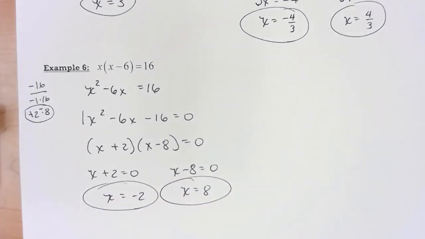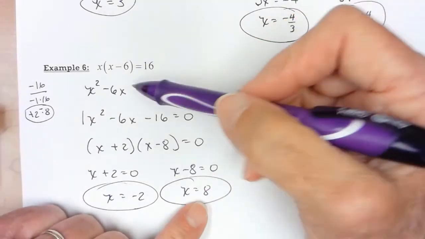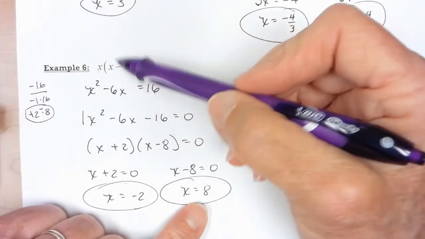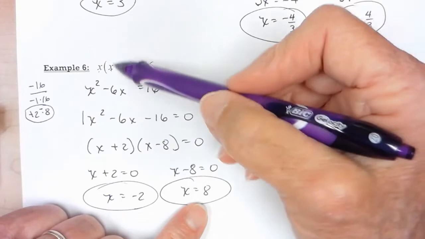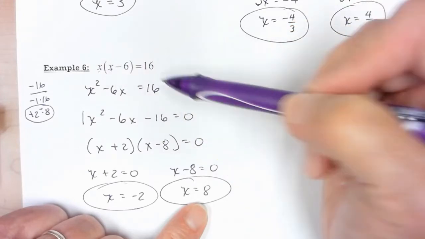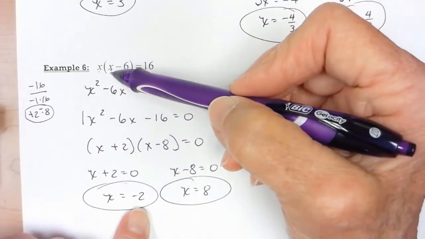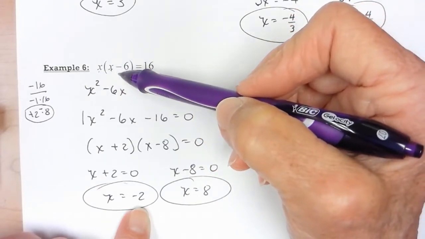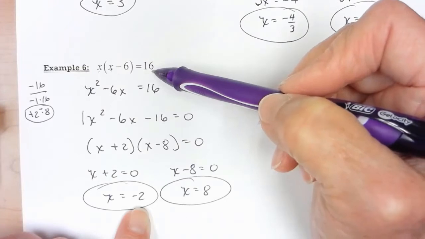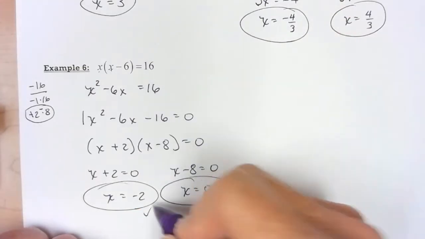So that's what I need, and we can try this. If we put 8 here and 8 here, inside would be a 2. 8 times 2 does give me 16. Well, let's try a negative 2. A negative 2 here, and here that would give me a negative 8. So a negative 2 times negative 8 is a positive 16. So both of those check.